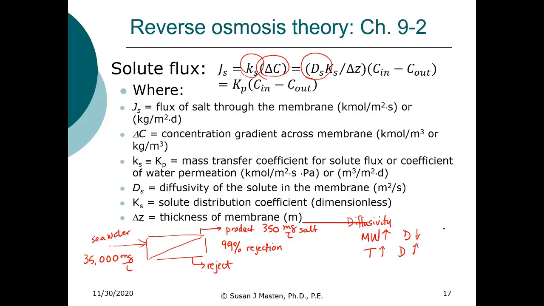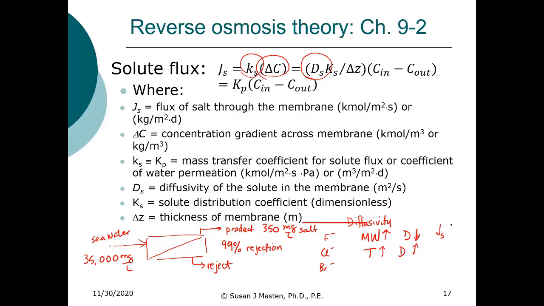So if this is true, as molecular weight increases, diffusivity decreases, and how does the flux of salt change? If we're looking at salts having a higher molecular weight, so for instance, we could look at chloride, we can look at bromide. Which one has the highest molecular weight? The bromide. Okay. So if that has the highest molecular weight, diffusivity decreases.